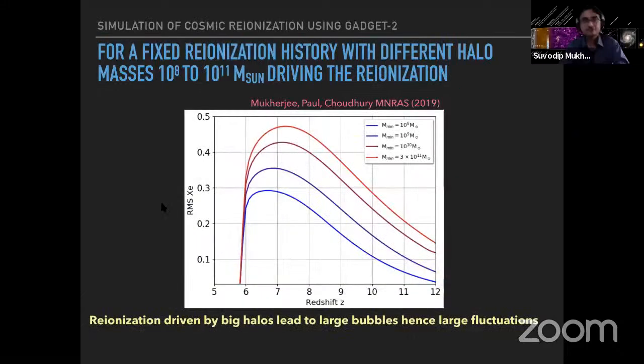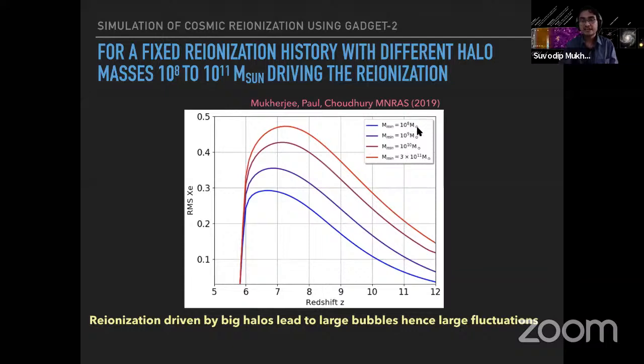This means if I calculate the corresponding power spectrum of the electron density during the epoch of reionization, what you find is that with a change in the minimum halo mass driving the reionization, you get different amounts of fluctuations in the electron density field.